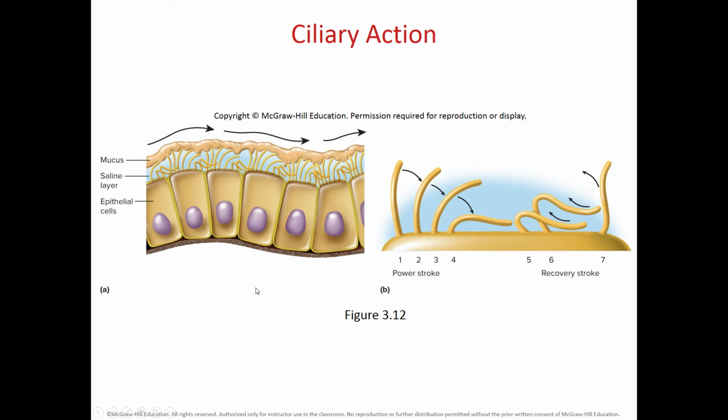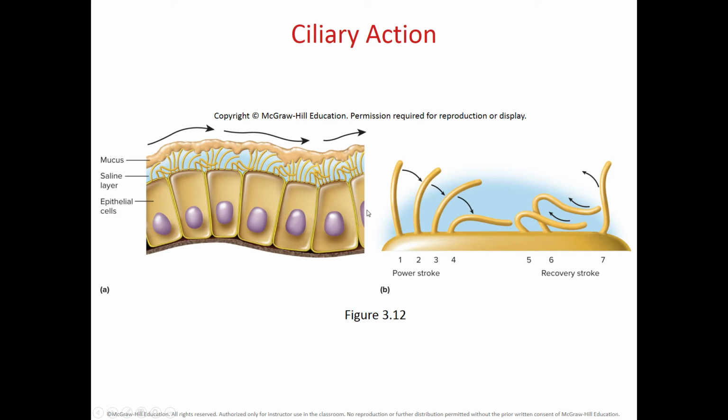So this is the figure showing you the ciliary action. Outside of the cilia, when you have this saline solution, you have this beating action of the cilia in one direction, sweeping away excess mucus on top of the cilia in the respiratory tract.